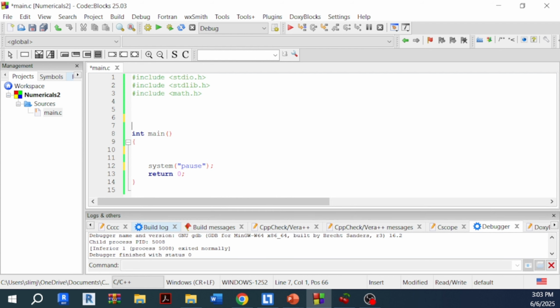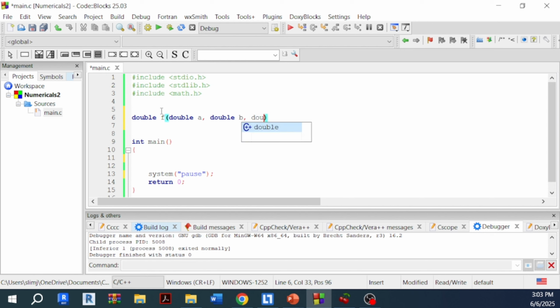Of course, as a review, I need to write the function for a polynomial equation. This is what we've been using. By the way, I've included the math.h library. Double, and we will call this function f, like f(x). Double a, double b, double c, and double x.